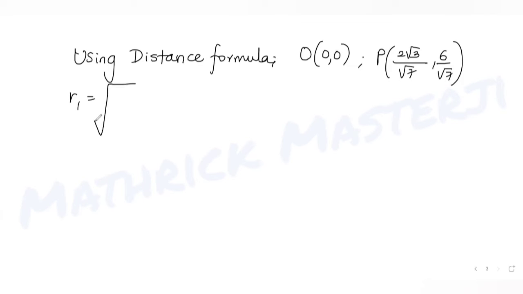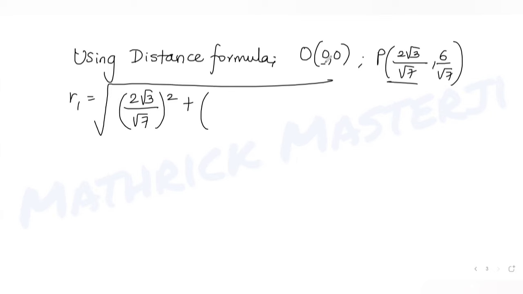So using the distance formula, x2 minus x1 the whole square, so 2 root 3 over root 7 the whole square, plus y2 minus y1 the whole square, so 6 over root 7 the whole square.